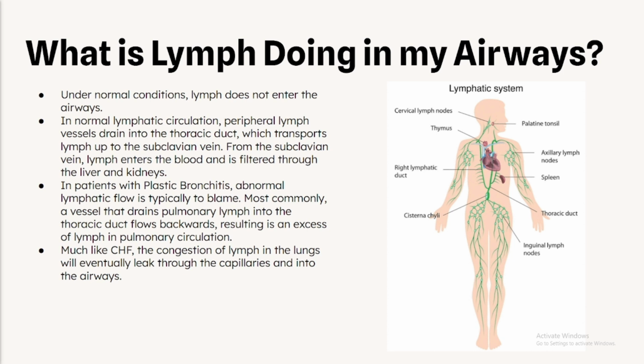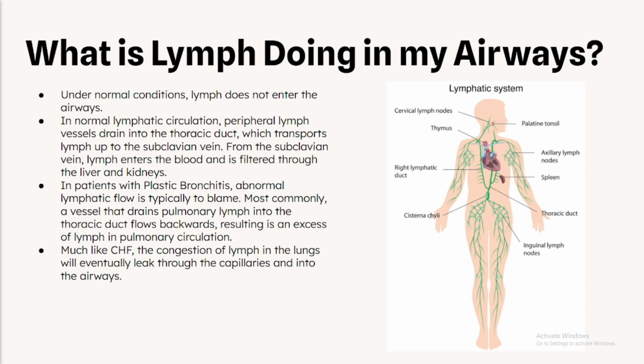Well, in many patients with plastic bronchitis, especially children with congenital heart disease, the normal flow of lymph is disrupted. This is often due to elevated central venous pressures after surgeries like the Fontan procedure, which is used to repair ventricular defects.